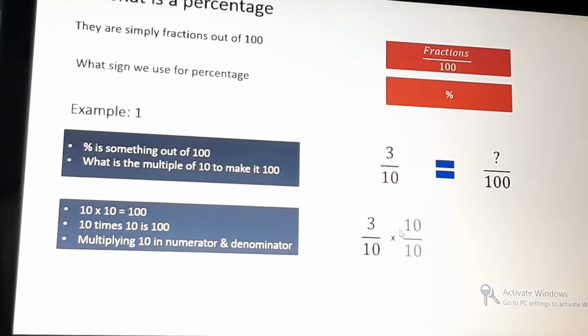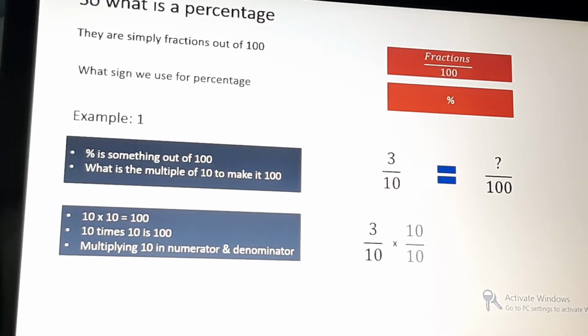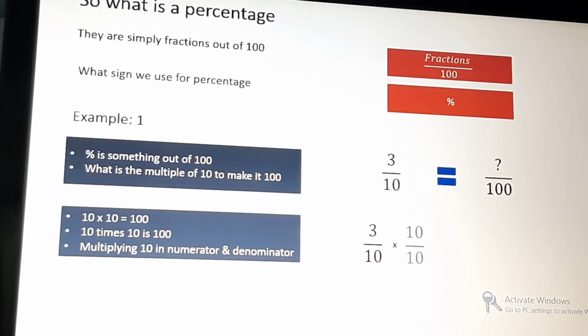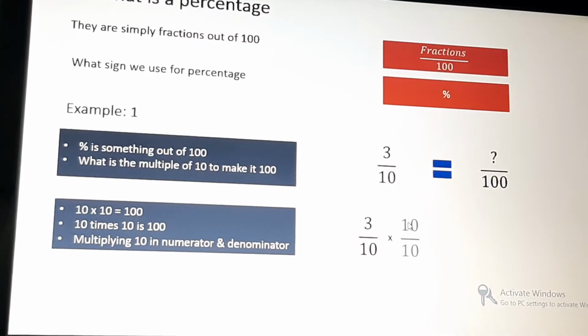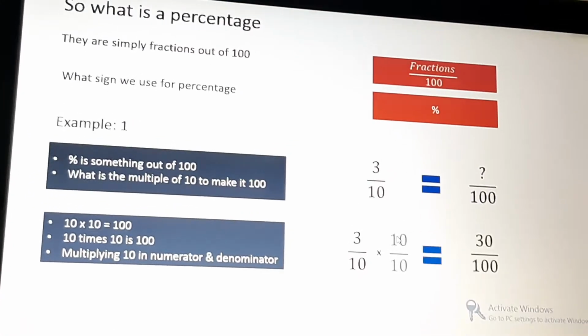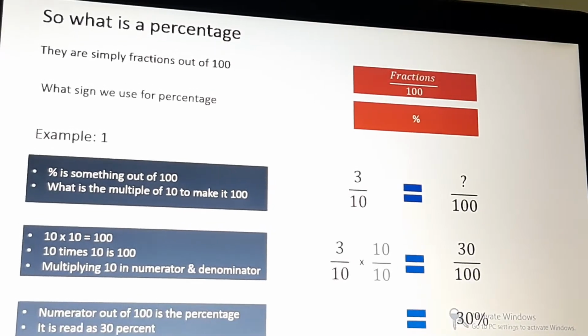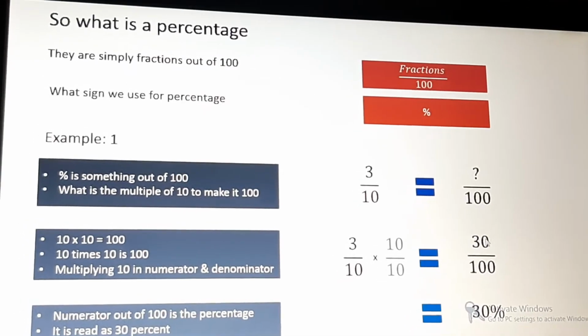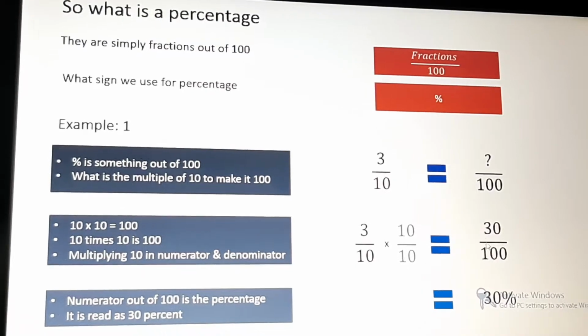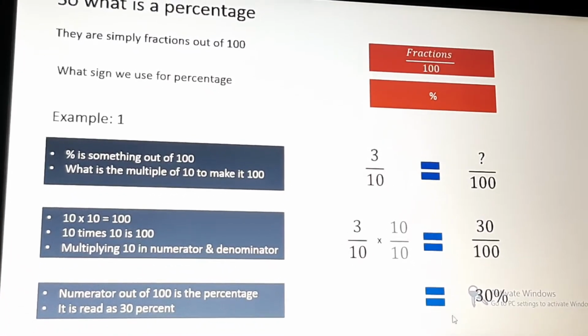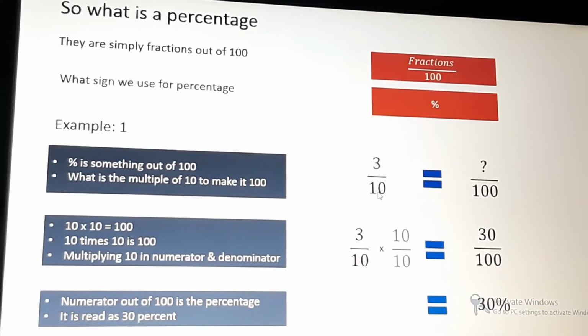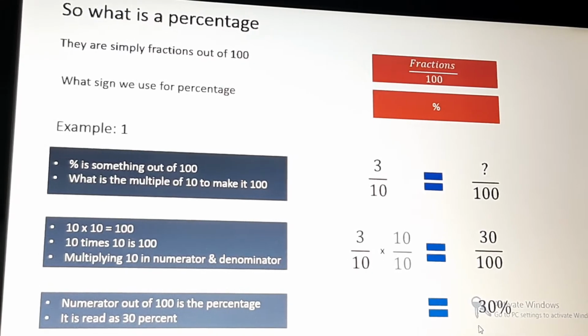That's right. 10 times 10 is 100. So using the same number with the numerator also, we will be getting 30/100. And numerator out of the 100 is a percentage. So we can read it as 30%. So 3/10 is equal to 30%.